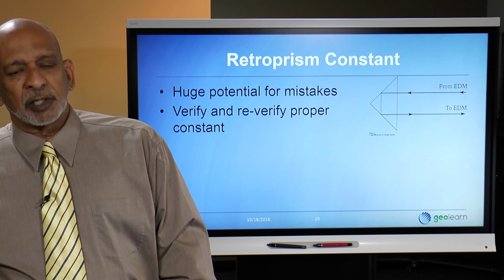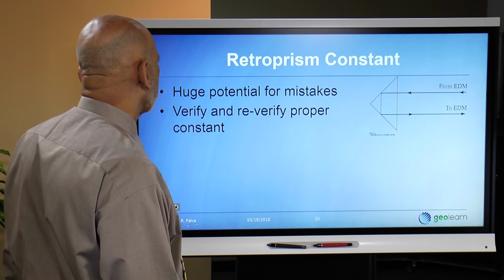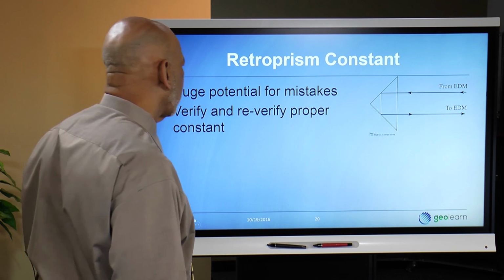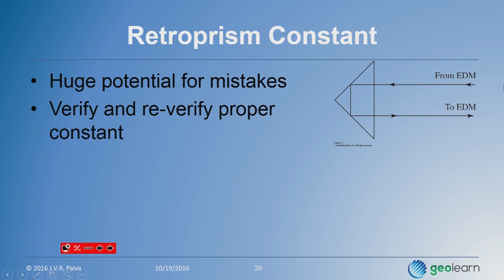Now, let's talk about something else, and that's what we refer to as the retroprism constant. The retroprism constant is an interesting idea that you need to think about a little bit, and that's the fact that the density of glass is greater than the density of air.